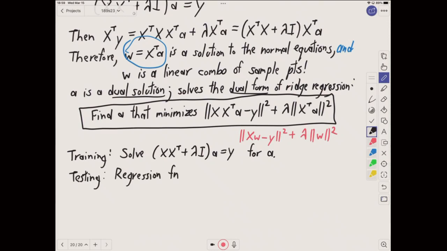What is the regression function that we have just learned when we trained this classifier? Well, remember that we're doing linear regression, so the hypothesis at any test point z is going to be the primal weights dot product with z.